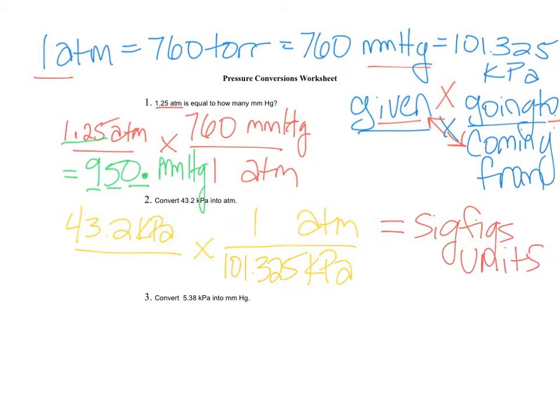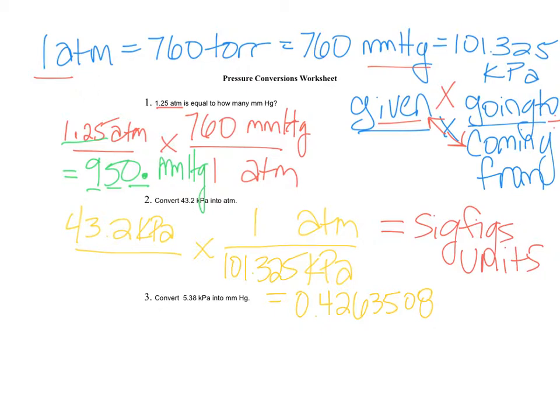Again, multiply across the top, divide by the bottom. 43.2 times 1 is going to be the same thing, divided by that 101.325. And in this case, our calculator is going to give us an answer of 0.42633508. And I need to figure out where to cut this one off.